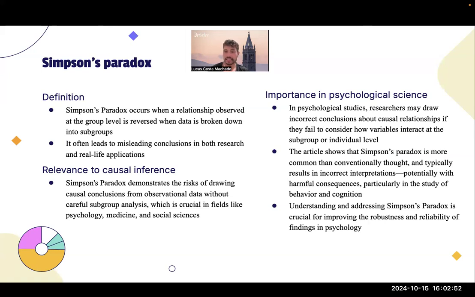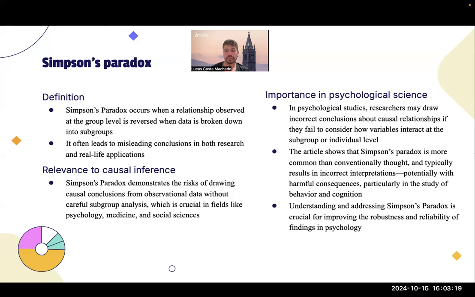Social science, as in this case, medicine, psychology. Being specific here about psychological science, you can have the same problem of drawing wrong conclusions based on the aggregated data instead of analyzing subgroup or individual data.